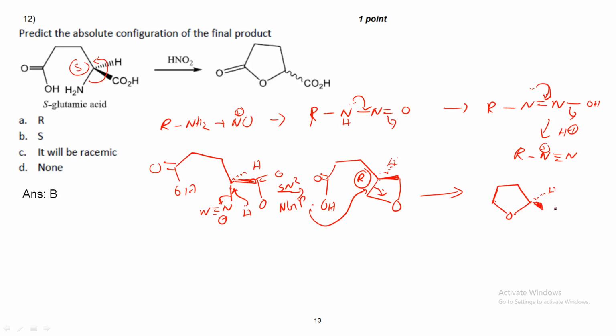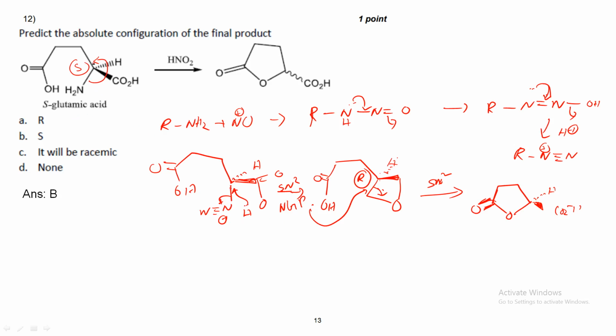So 2 times inversion is just equivalent to retention of the stereochemistry.